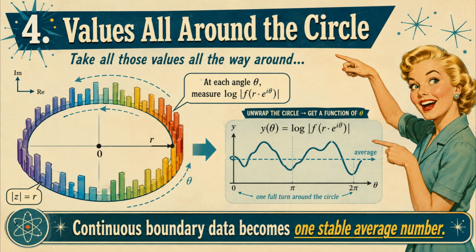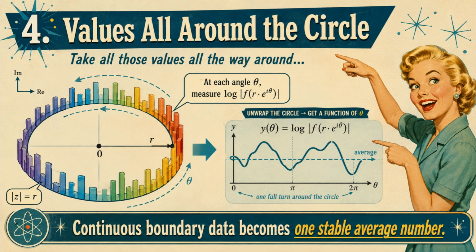The measurement is not the function itself. The measurement is the log of the size of the function. So as you walk around the circle, you collect many values. Some are high, some are low, some may dip near places influenced by zeros.